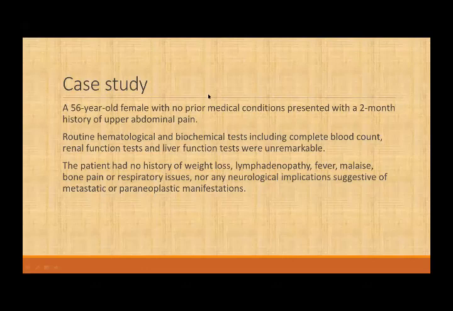She had upper abdominal pain for 2 months, with no history of weight loss, lymphadenopathy, fever, malaise or pains. Abdominal examination was unremarkable and nothing was suggestive of metastatic or paraneoplastic manifestations.